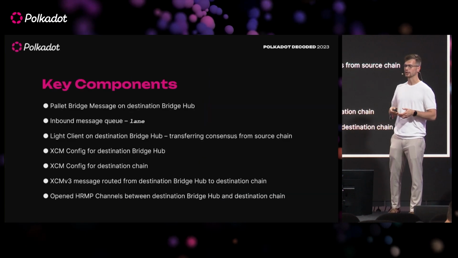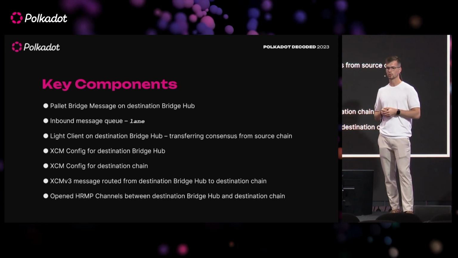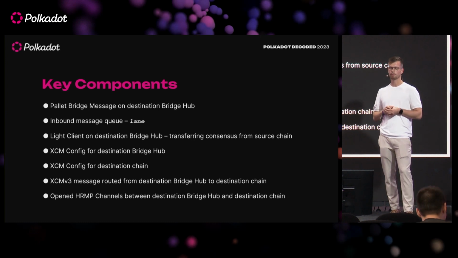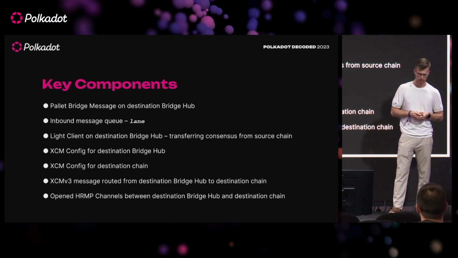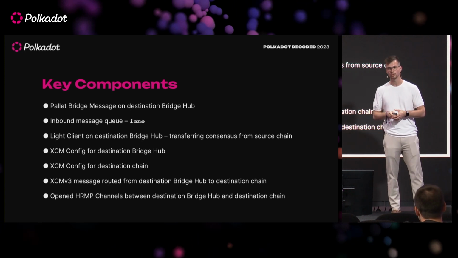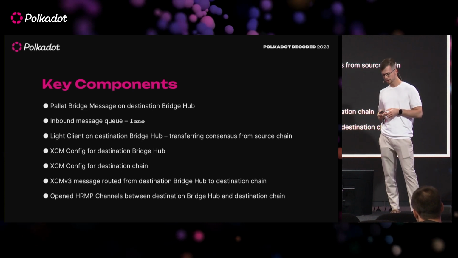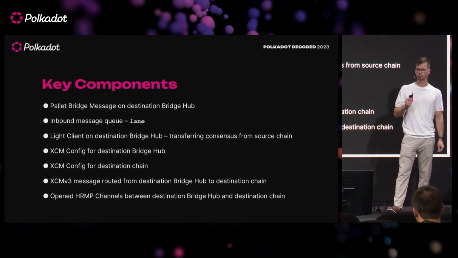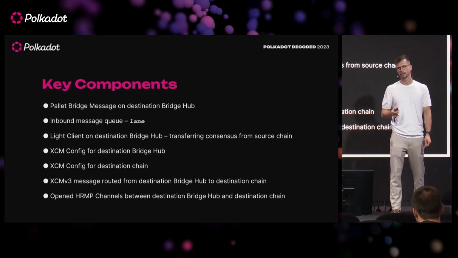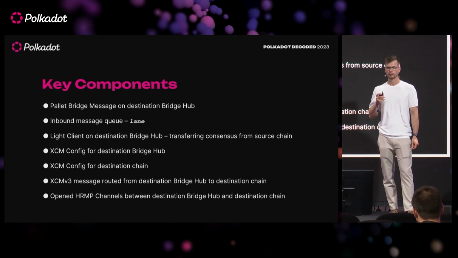What are the key components of that part? What is needed? What is valid in that part? So at first, we have pallet bridge messages on the destination BridgeHub. And in that pallet, we also have a queue, an inbound message queue, called lane, that handles inbound messages. We need to have a light client on a BridgeHub that is able to verify if the incoming messages have been finalized.